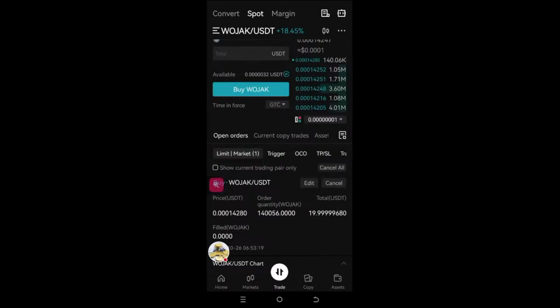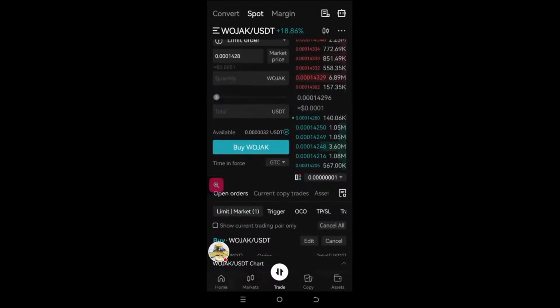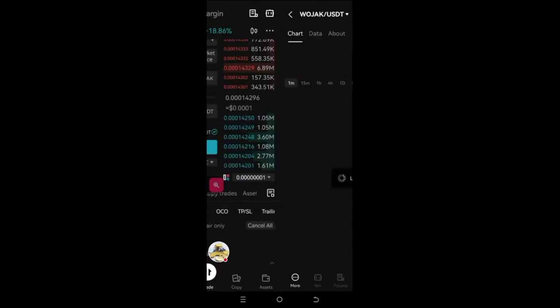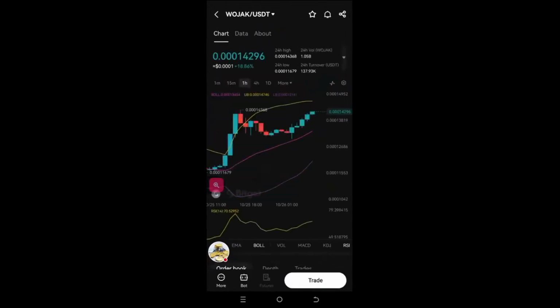We're still in the queue. So because of that, would I have to go with a higher price? I don't know. Let's check it out. If I go with a higher price, it is 143.